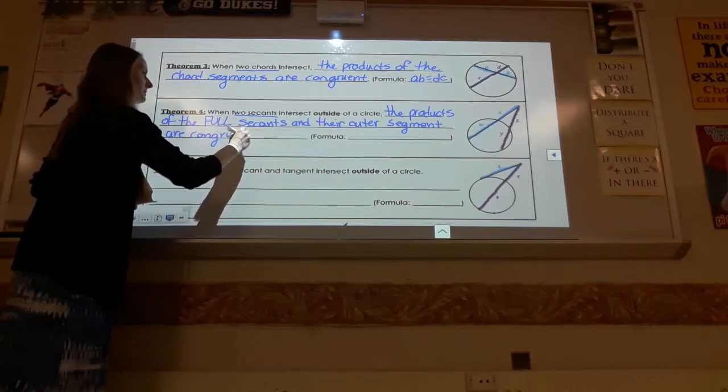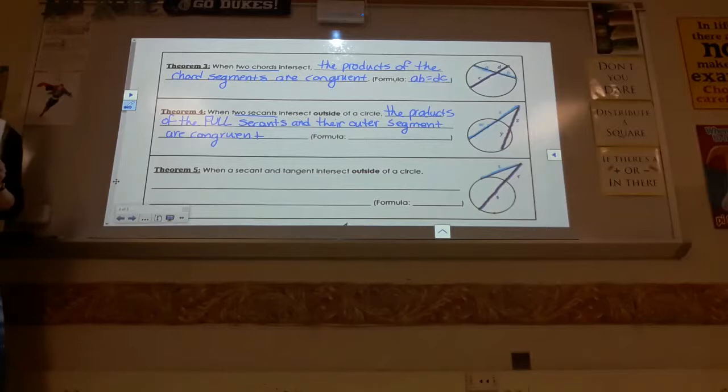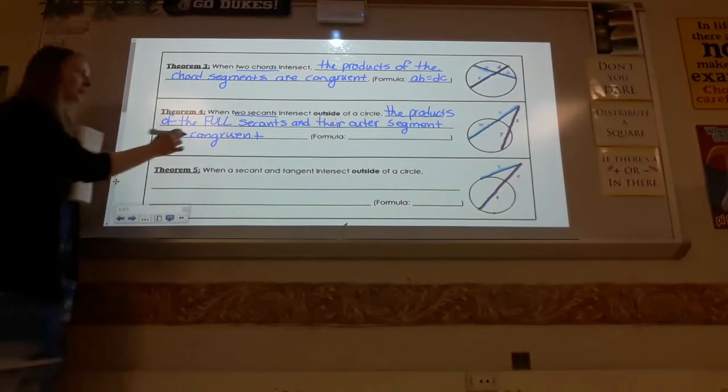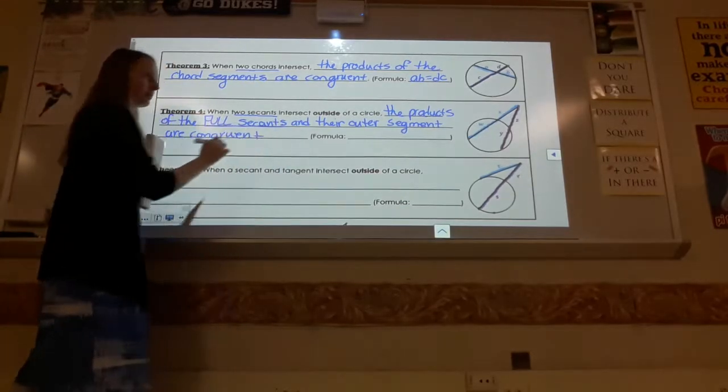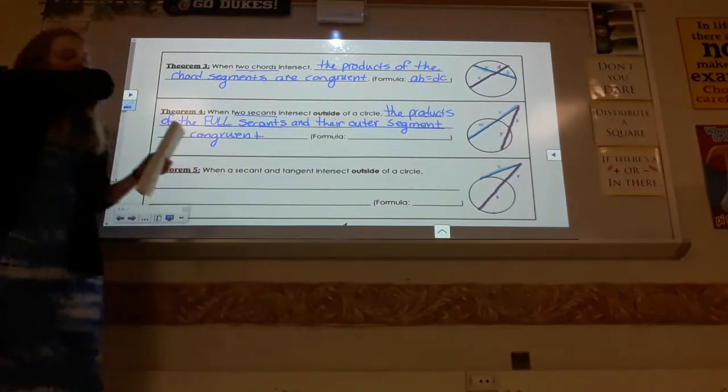The products of the full secants and their outer segment are congruent. So we're doing product again. This is multiplication. What are the things we're multiplying? The full secant length and the outer segment of the secant.